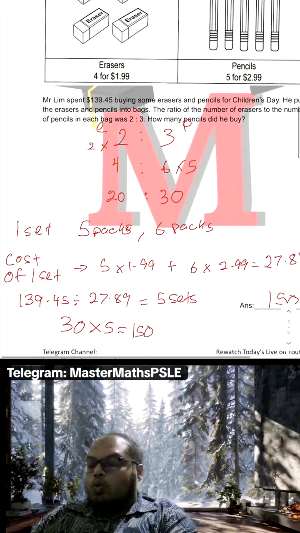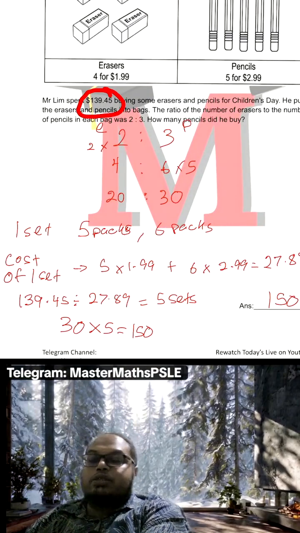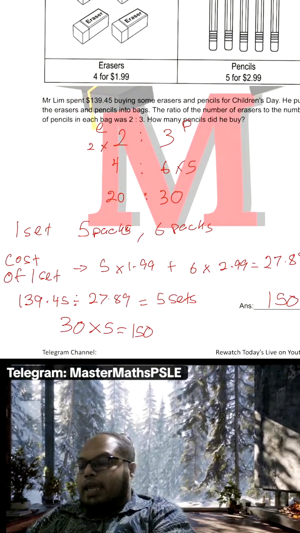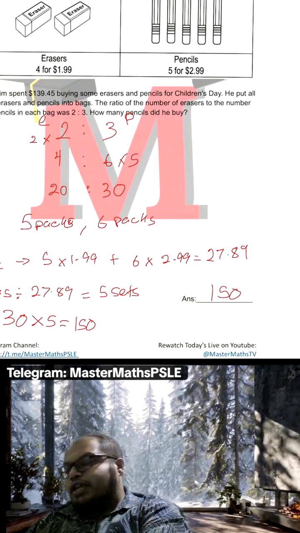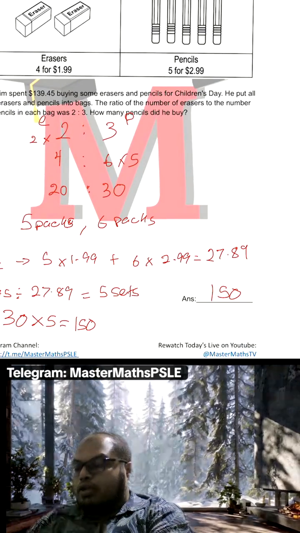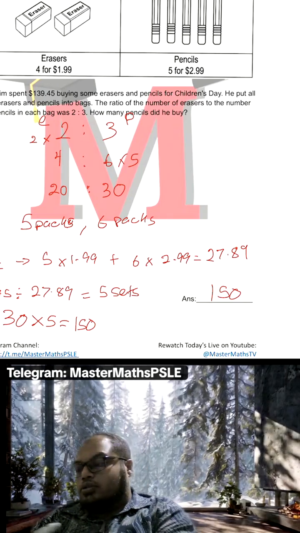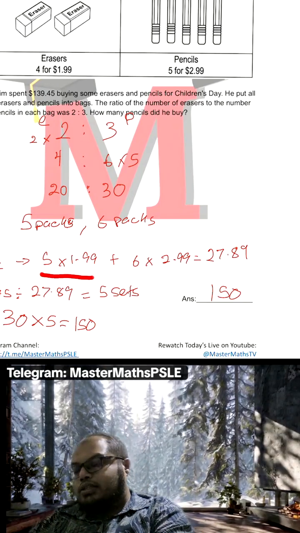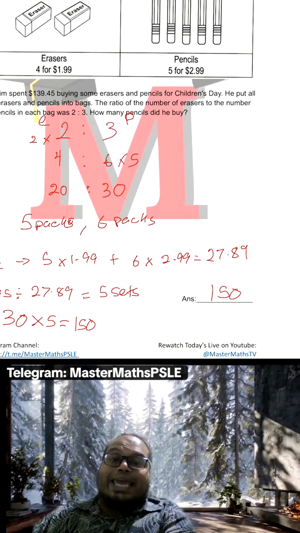Now the thing here, they give you the price that he spent. So I calculate the price that he spent in one set. Your one set here is 5 packs of erasers, 6 packs of pencils. So 5 times 199, 6 times 299, plus together you got $27.89.